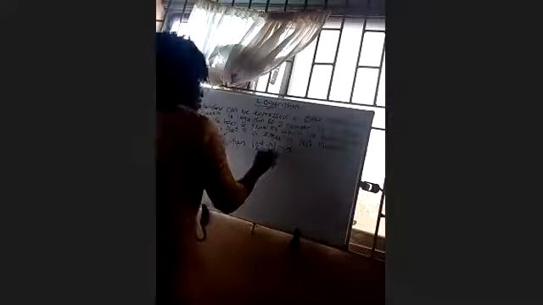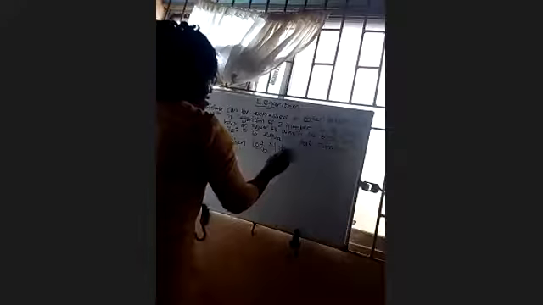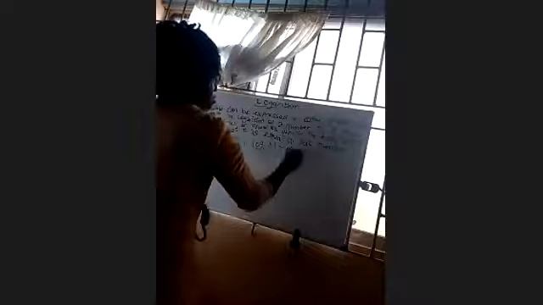What this is saying is simply this: the logarithm of a number to a given base. For instance, this is log n, and this is the base, which is b. Okay, let me write it out.